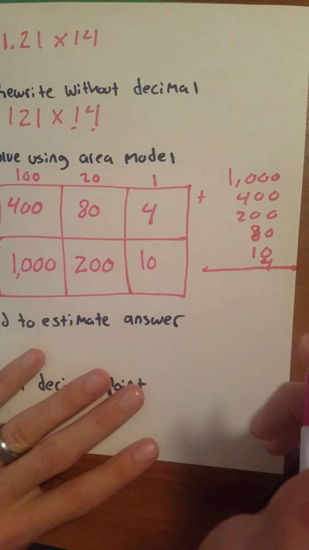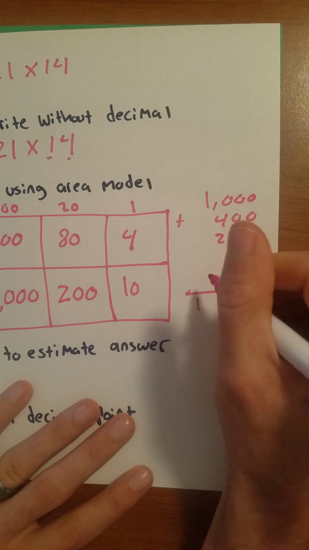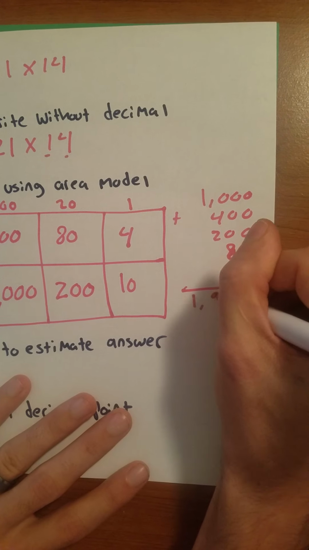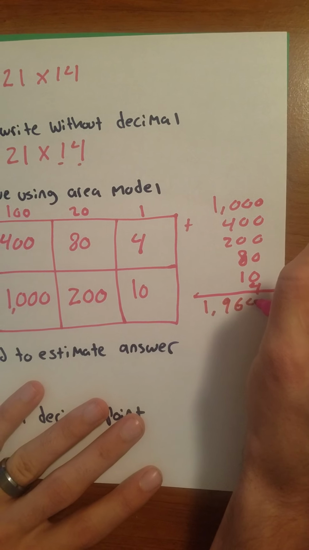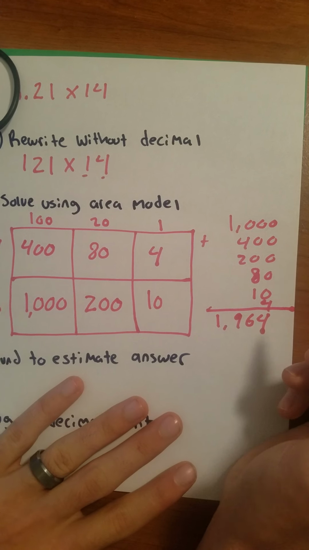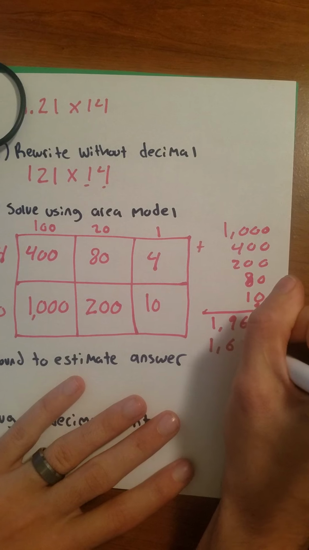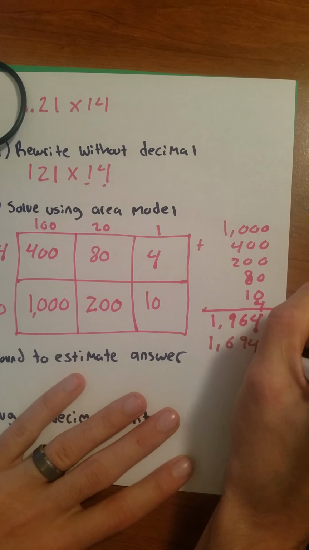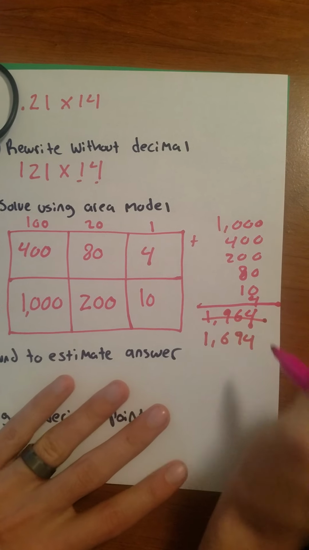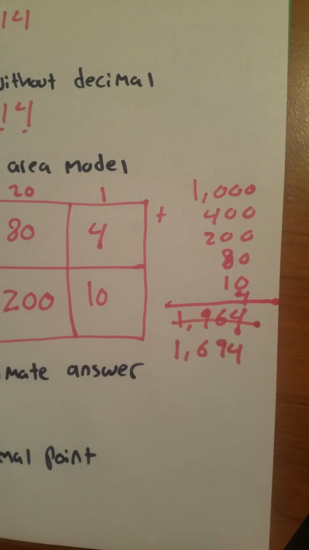Now, I know we all know how to add. So when you add these all together, you will get 1,964. Oops, no you won't. You will get 1,694 as your final answer when you total all the numbers from the box together.